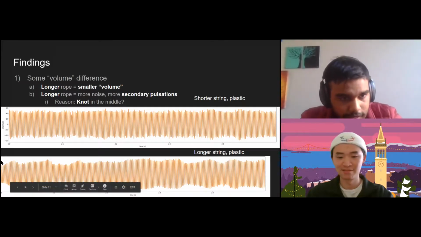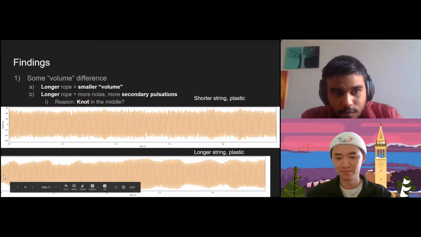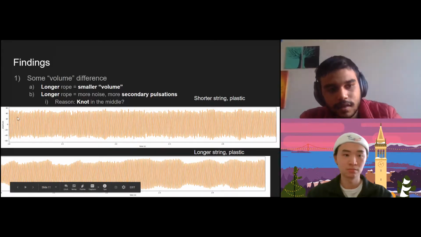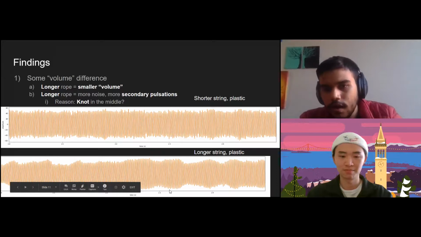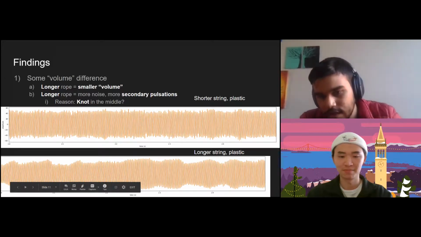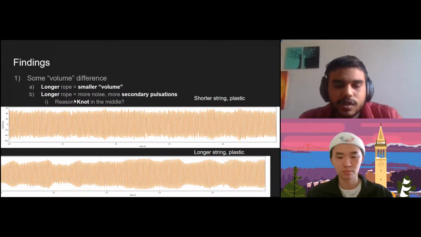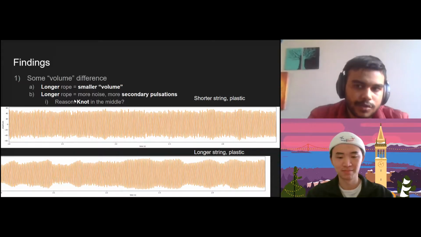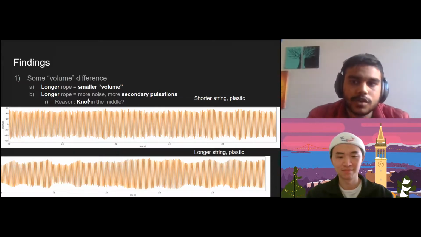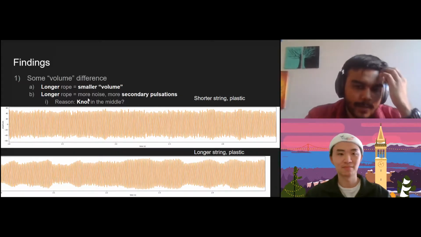For this one, the y-axis was cut off, but you would see that the amplitude is much smaller, and it's also very obvious that there are more secondary pulsations. One possible reason, which we'll explore in the last slide, is that to increase the length of our string, we tied two strings together, which had a knot in the middle, causing a discontinuity in the propagating medium.